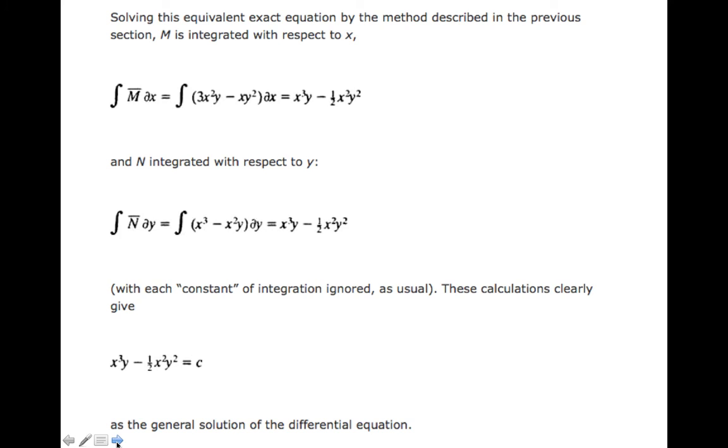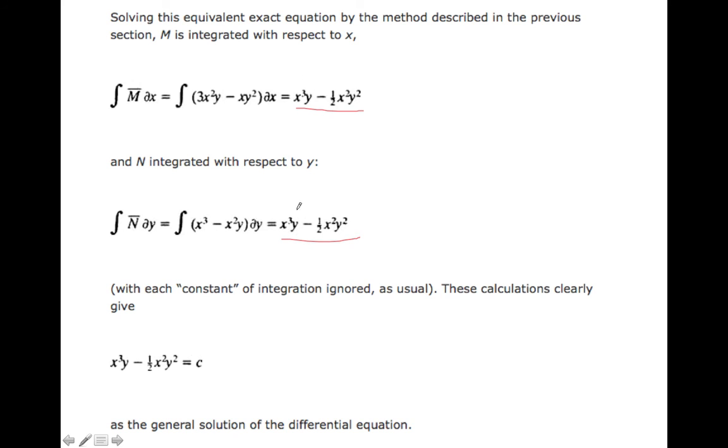So we're going to solve this exactly the way we did in the previous section, where we take M bar and integrate it with respect to x, treating y as a constant and ignoring the constant of integration. When we do that, we get the following expression. Then when we integrate N bar with respect to y, we get the following expression.